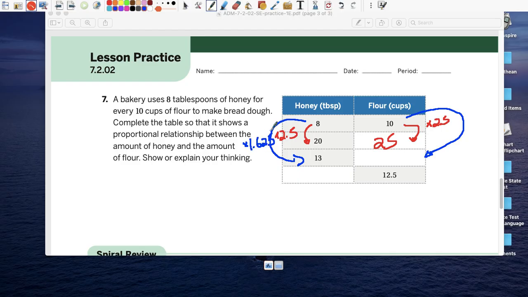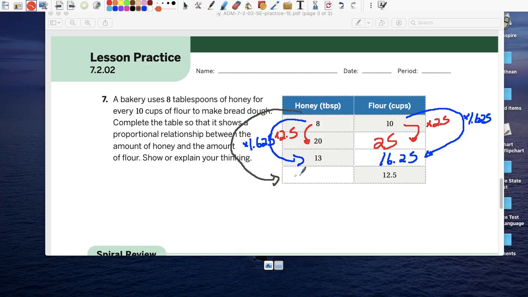If you take the calculator and multiply that times 8 just to confirm, you get 13. So this side I'm going to multiply by 1.625. 10 times 1.625 is 16.25.